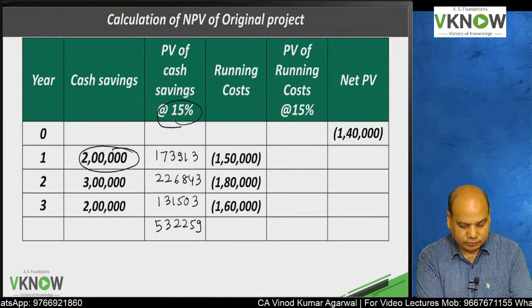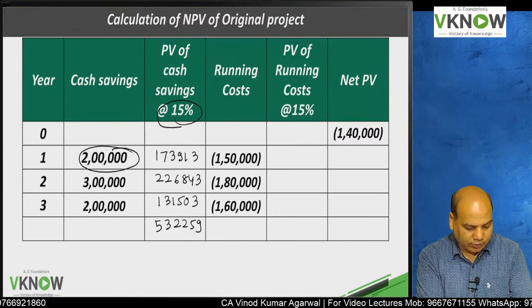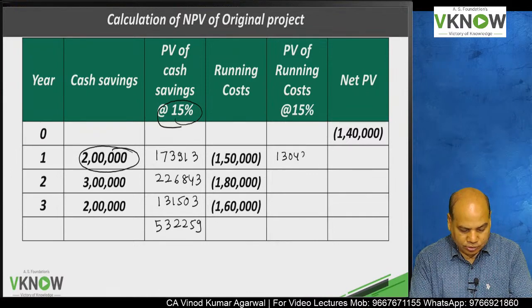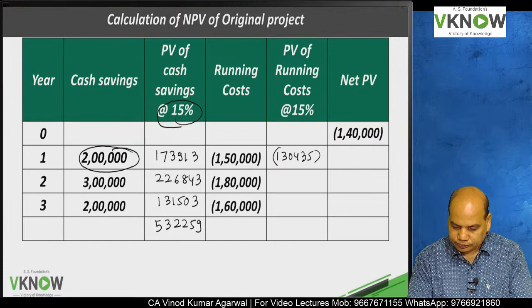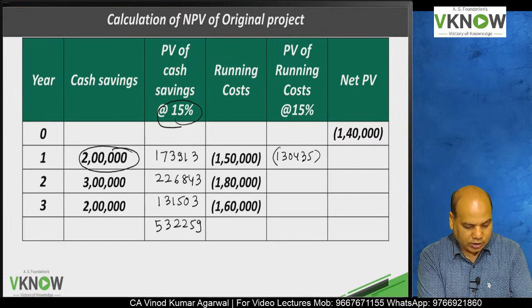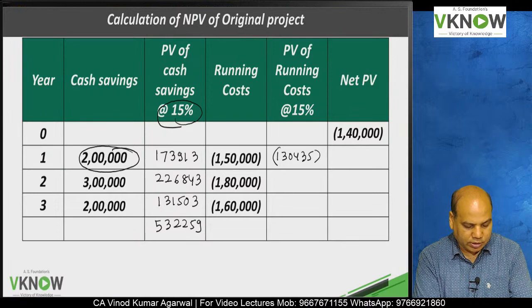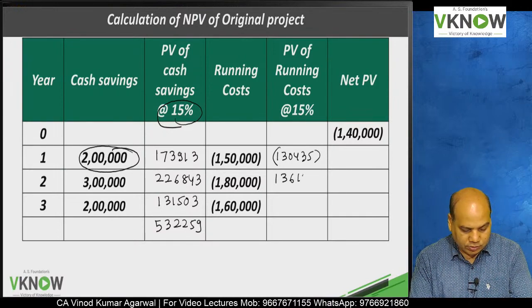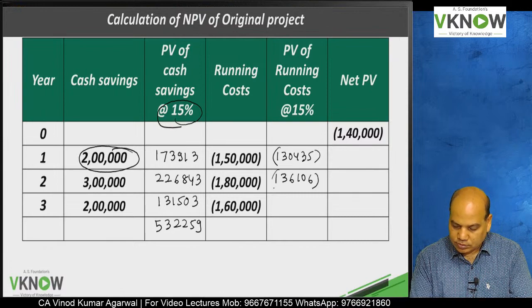Okay, now come to running cost. 1,50,000 divide by 1.15 equal to memory plus, 130435. 1,80,000 divide by 1.15 2 times equal to memory plus, 136106.